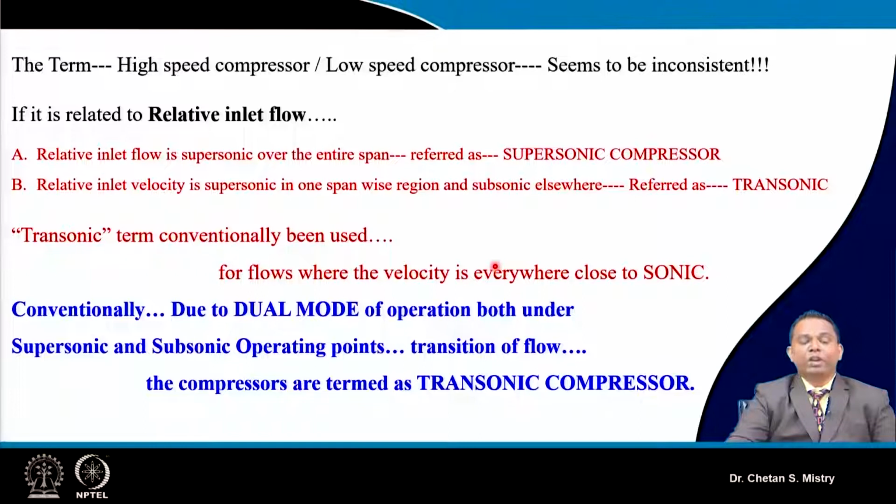If my relative inlet velocity is supersonic in a particular span region and subsonic in the remaining region, then we can call that a transonic compressor. So do not get confused between supersonic compressor and transonic compressor.